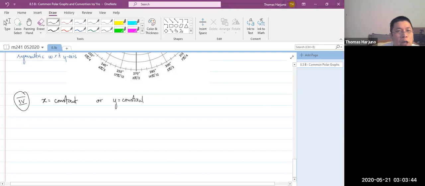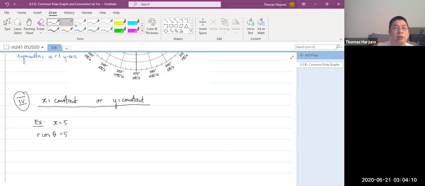What will that be in polar equation? Let's say, for example, x equals 5. Don't forget our toolbox. I will replace x by r cosine theta equals 5.